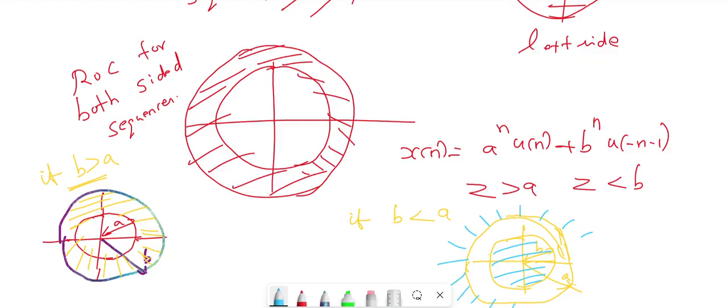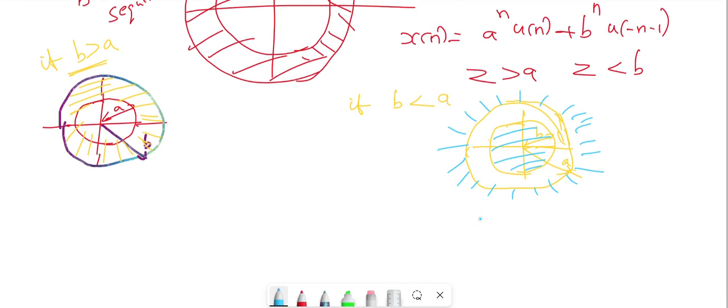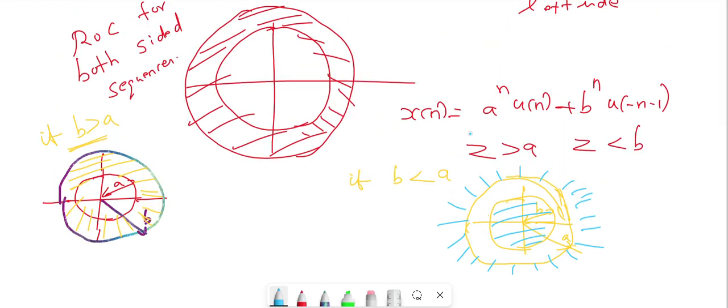These are some of the properties of Z transform. So you can refer to the prescribed textbook. So now we will discuss the inverse Z transform.